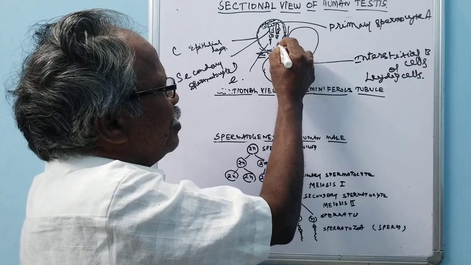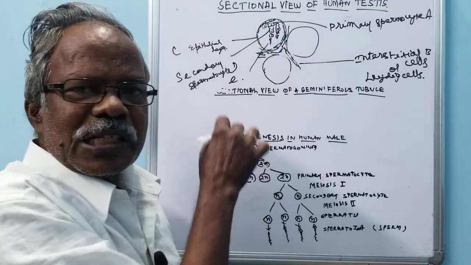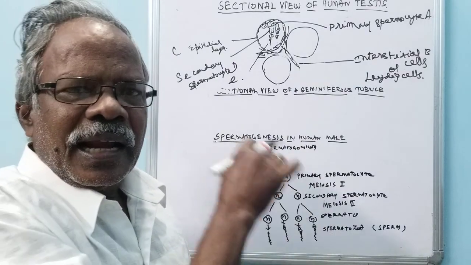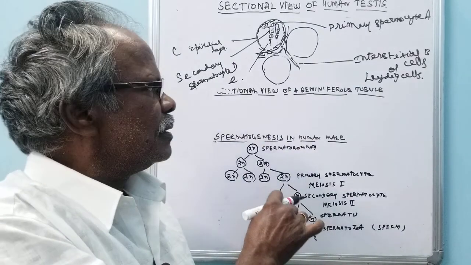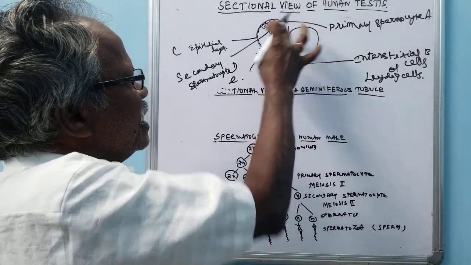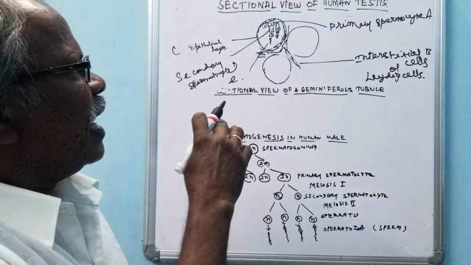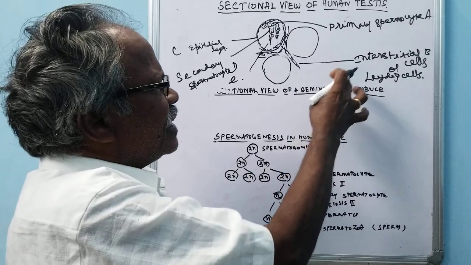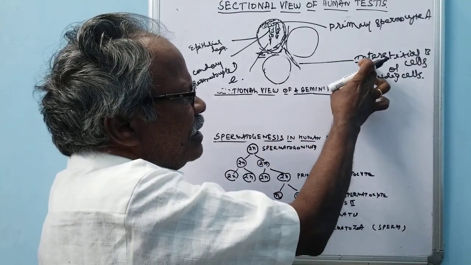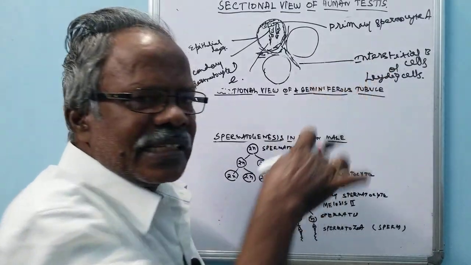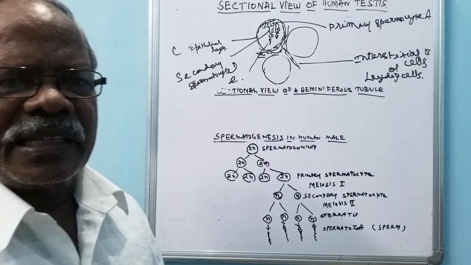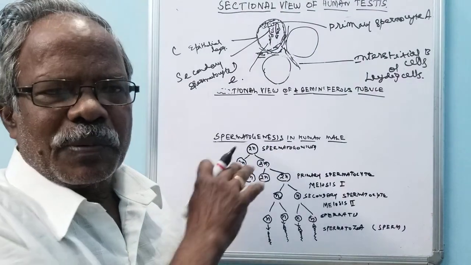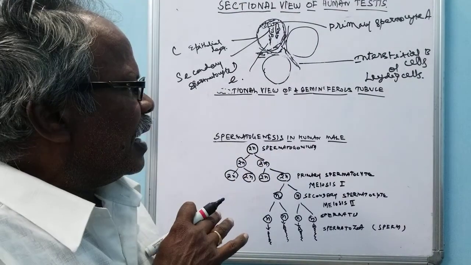Inside the seminiferous tubules we can see primary spermatocyte, secondary spermatocyte, spermatid, and then spermatozoa. As regards the function, the interstitial cells or Leydig cells supply nutrition to the developing spermatozoa.